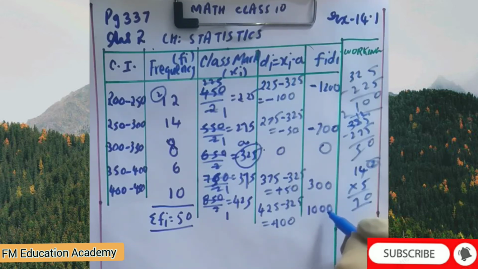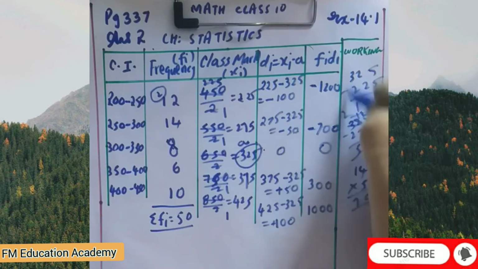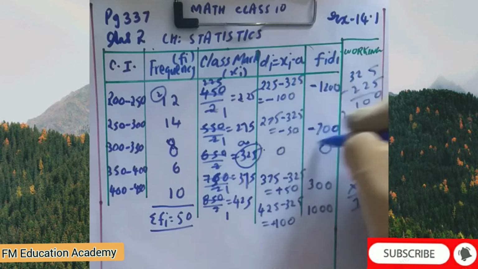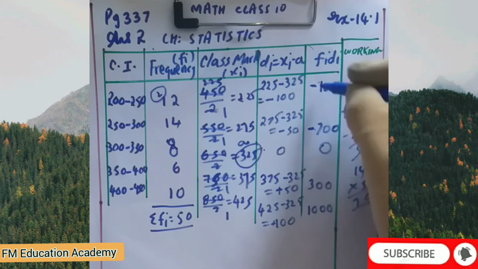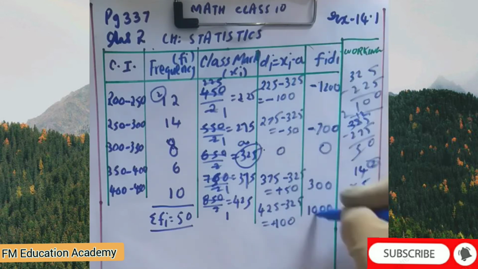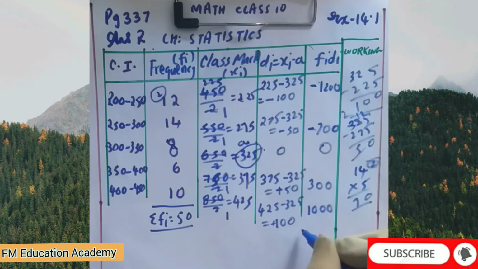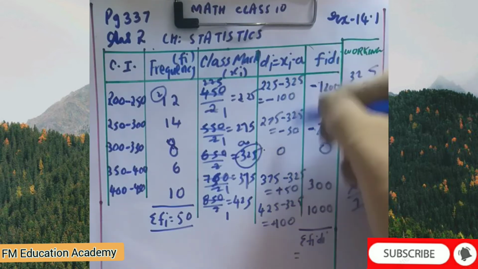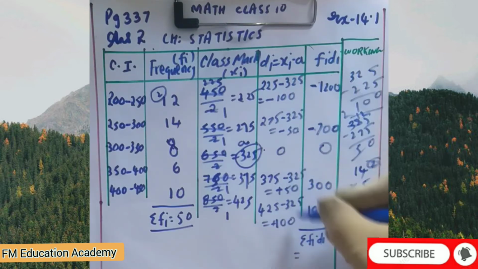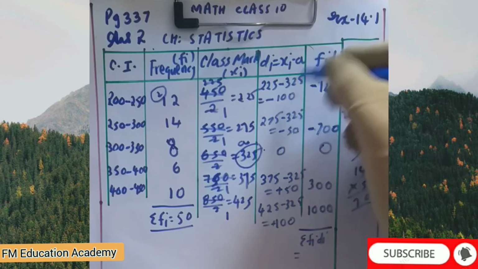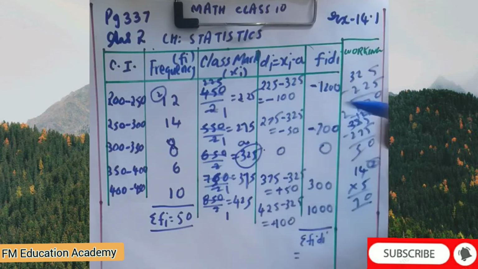Next 10 hundreds are 1000, so plus 1000. Next, whatever minus signs we have, we will add first, because when signs are the same, we add. We got all the values of fidi, right? And we need to find the total sigma fidi. That is the reason I am adding all of these. So minus we have to do separately and plus we have to do separately. So 1200 plus 700, minus minus is minus: 1900.